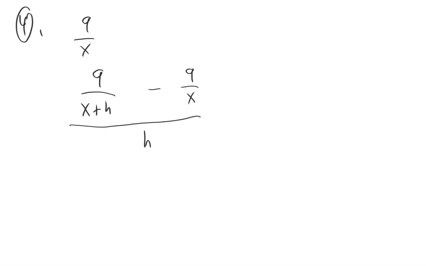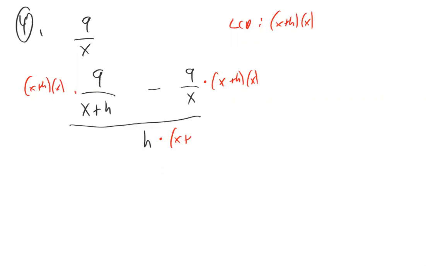So then what you do is you find the LCD, which is x plus h times x. You're going to multiply on the top, both parts of the top, by the LCD, as well as the bottom, every term in the bottom, you'll multiply by the LCD as well.